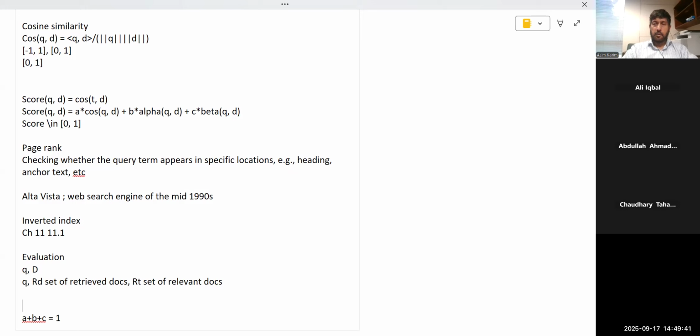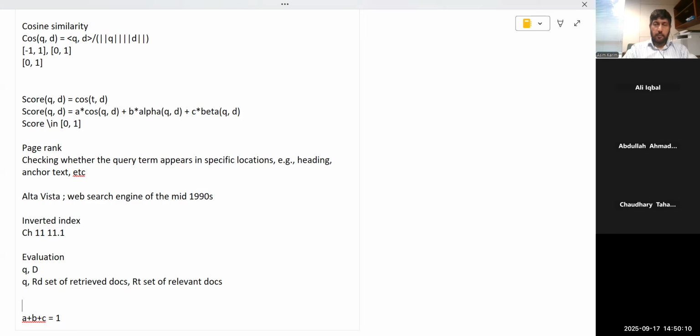But if you want to make your own, then usually RT आपने हर query के लिए user ही annotate करेगा, user ही identify करेगा. So human annotation is another big evaluation part in NLP. आजकल NLP की आप कोई भी research करनी है human evaluation के बगैर नहीं कर सकते आप. तो human evaluation is very important.